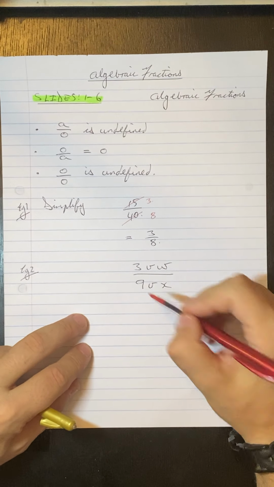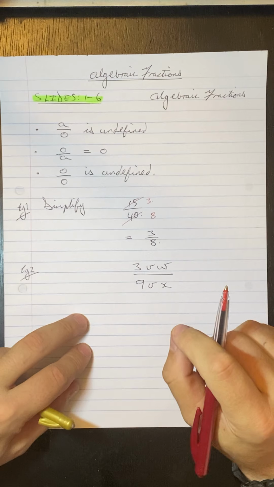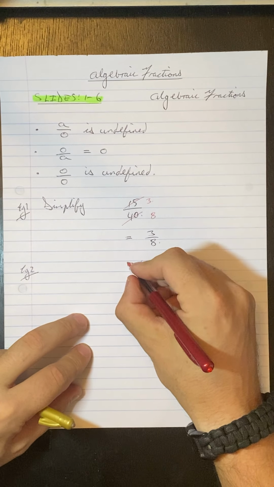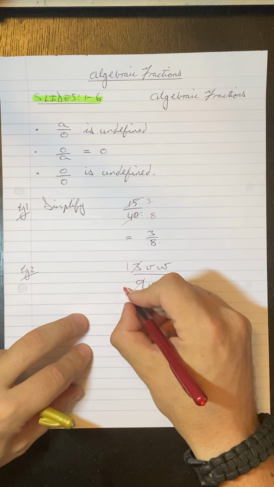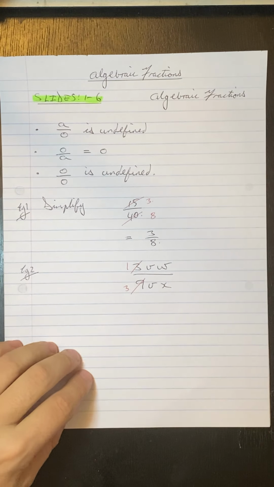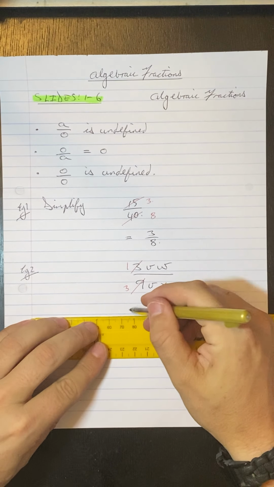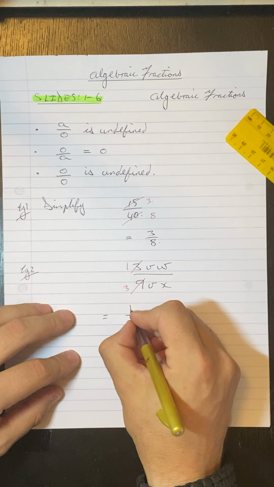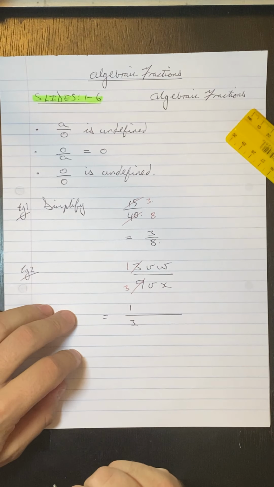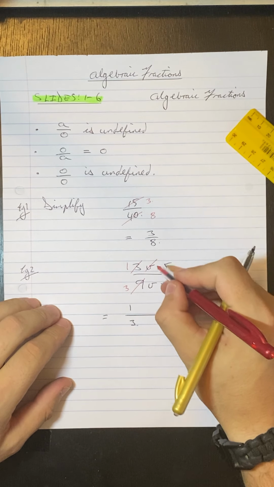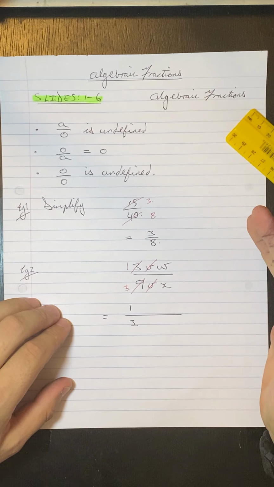So we've got 3 and 9. What is the highest number that goes into 3 and 9? Well, it's 3. So 3 goes into itself once, and 3 goes into there 3 times. So if I draw my fraction line, in terms of numbers, I'm left with a 1 at the top and a 3 at the bottom. Okay. Now, V will cancel with itself, so it's gone.